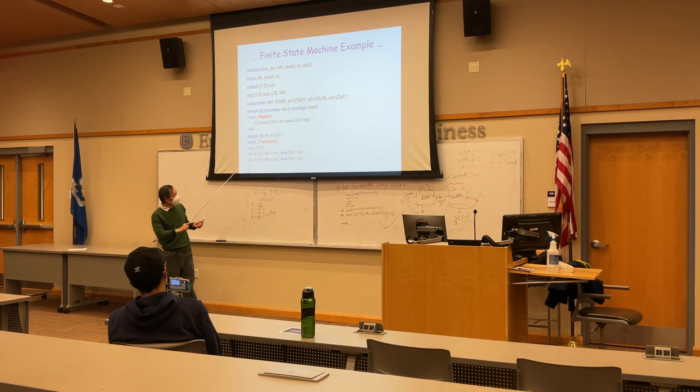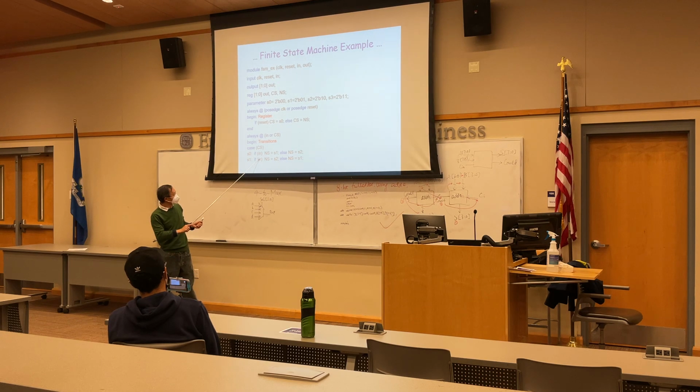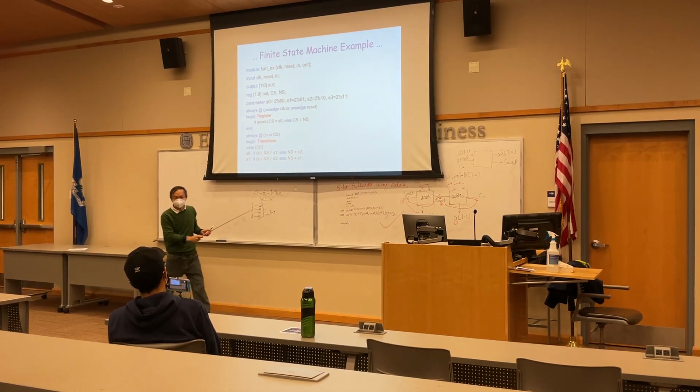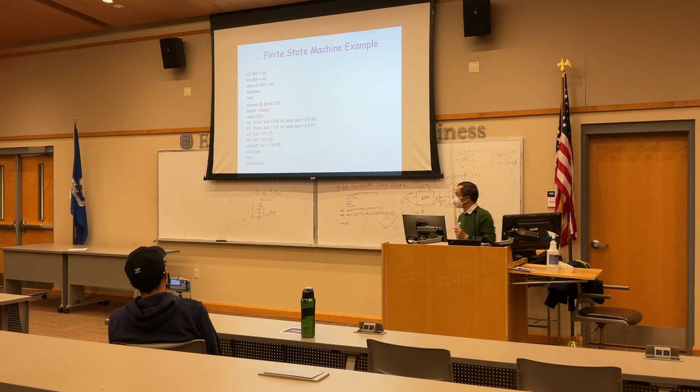If in S0, if input is 1, then next state is S1; else, go to S2. If in S1, if input is 1, go to S2; else, go to S1. That's the description of your STG.